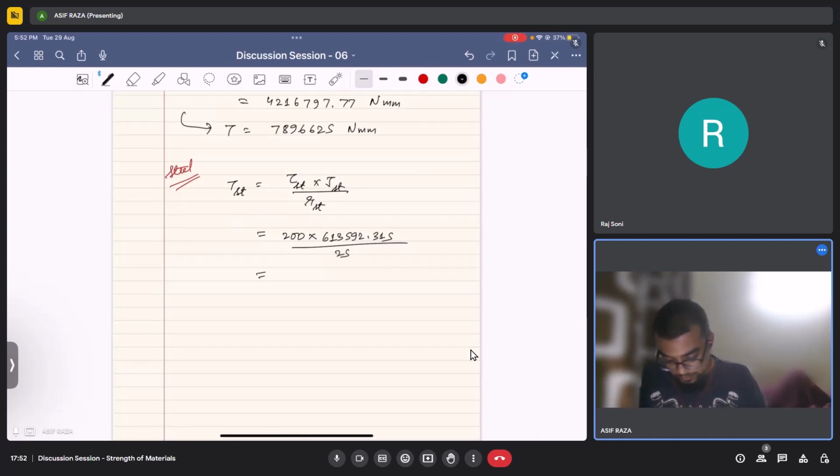This will be equal to 200 times 613,592.315 divided by 25, which is 4908,738.52 Newton mm.